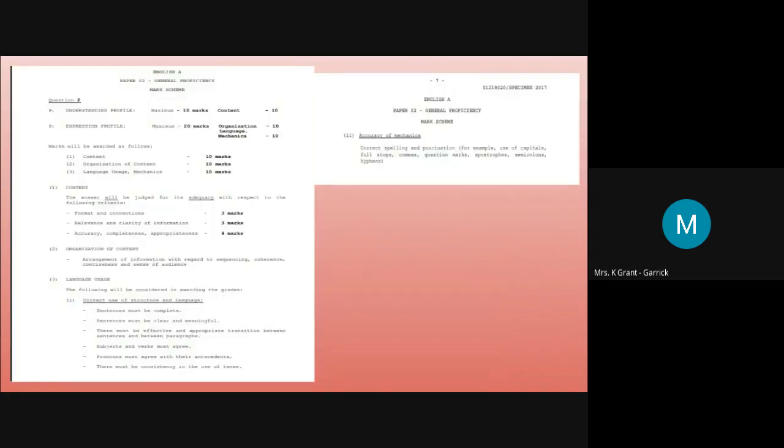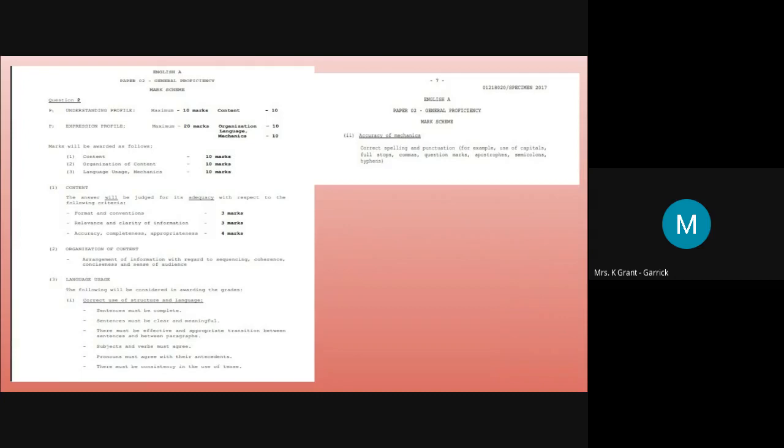Now, this particular section does not have a word limit, but it is expected that you will be conveying the content, and the content is awarded 10 marks.